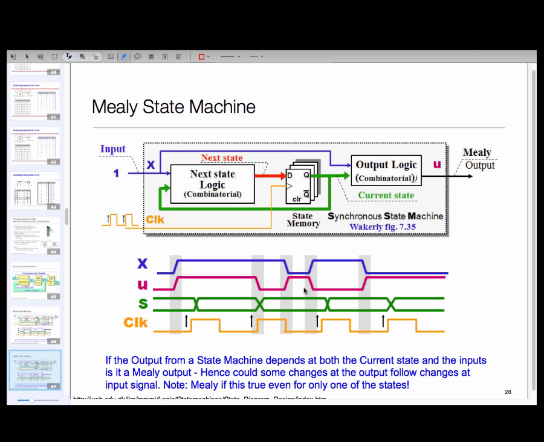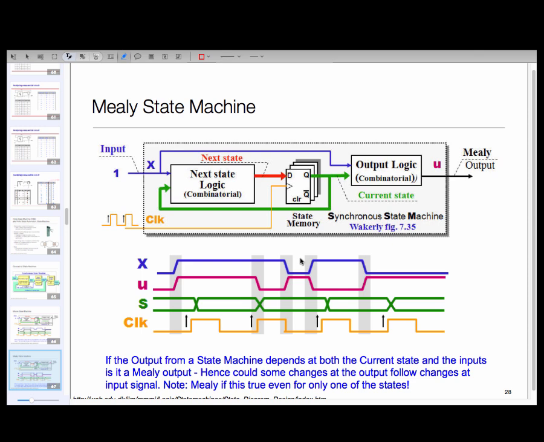Now the advantage of Mealy is that output can incorporate the effect of the input immediately without having to wait for the clock edge. The bad side is that if for whatever reason my input had a glitch, like a transient signal change or something, which can happen, then my output will immediately see that also. So it tends to be problematic in design.